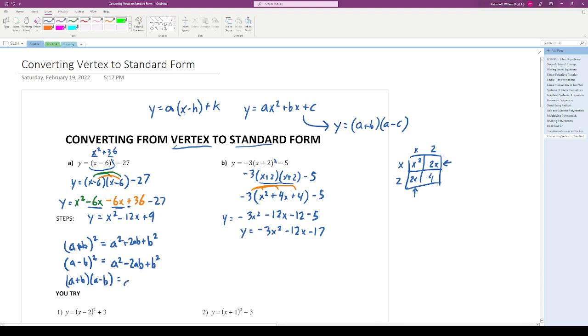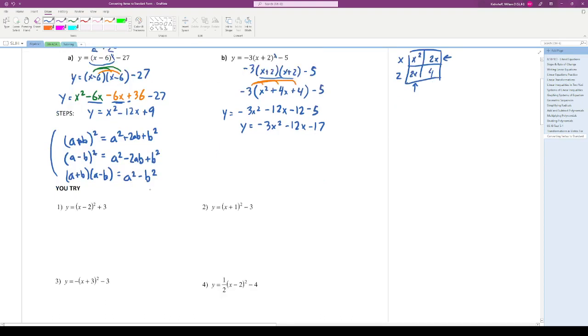So we end up with a squared minus b squared, and there's no ab term. There's nothing in the middle. So this one is called a difference of two squares. So these are three little algebra polynomial tricks, quadratic tricks that some people like to memorize. You do not have to memorize any of them. You can always get these same results by just using the normal methods.